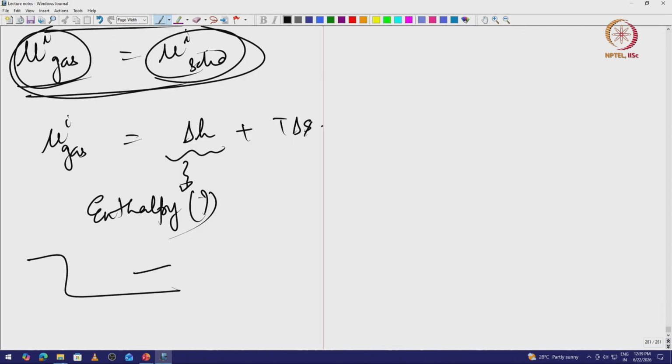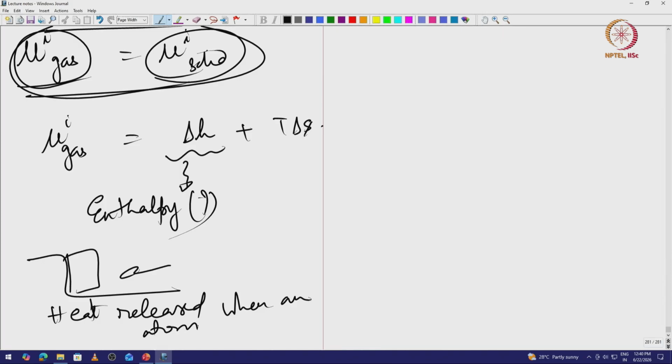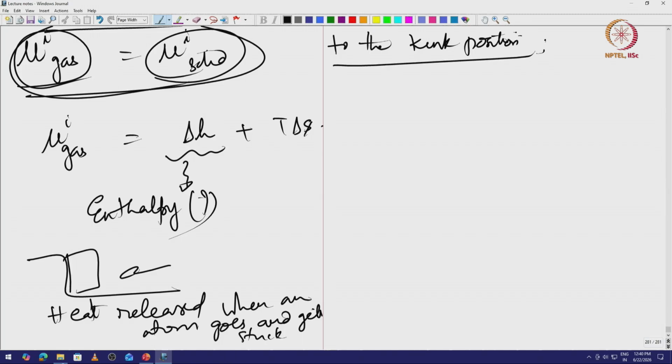This enthalpy is the heat released when an atom goes and gets stuck to the kink position, or rather heat released is the negative of the enthalpy. So, it is an exothermic process, that is the exothermic reaction.